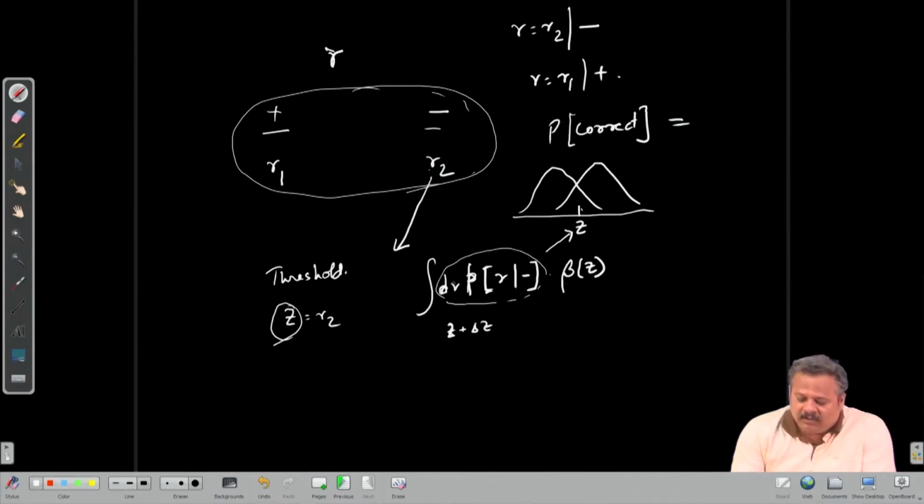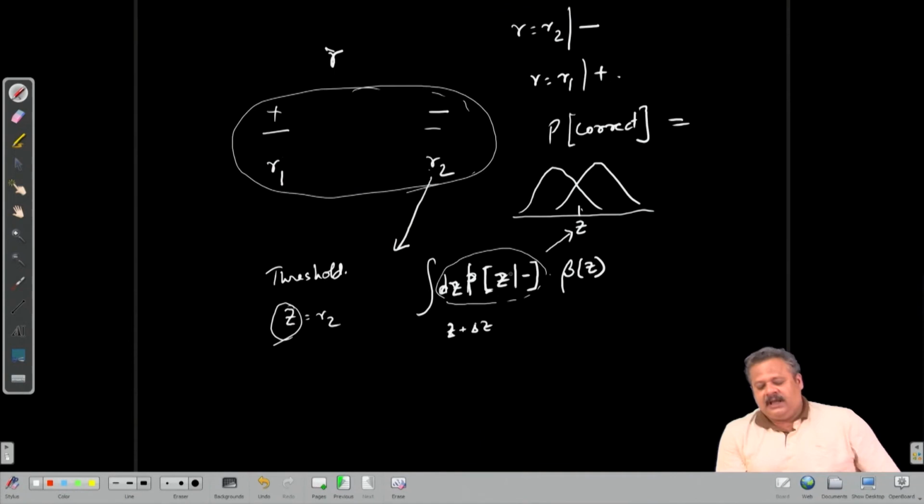So we can also, by the way, replace the R by Z, and this is P(Z), that same distribution, and we can have Z varying from 0 to infinity.